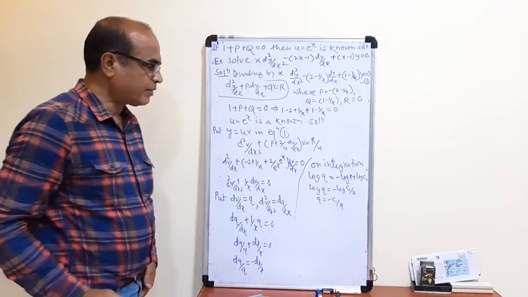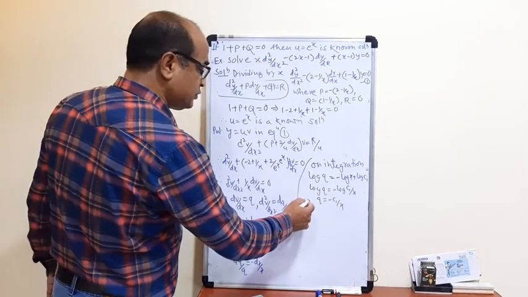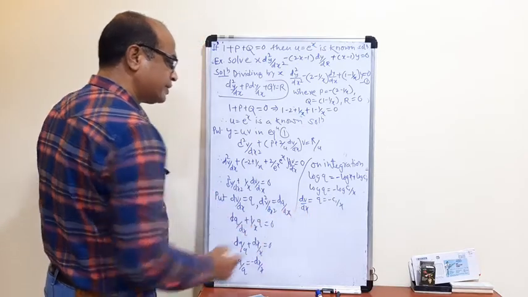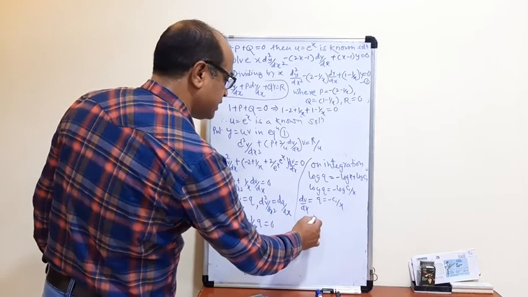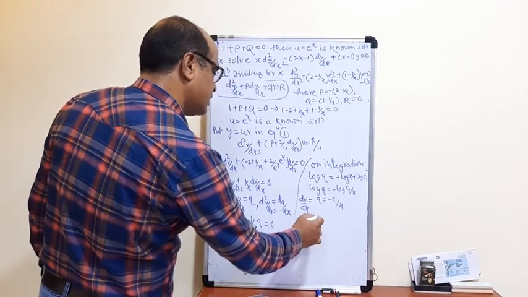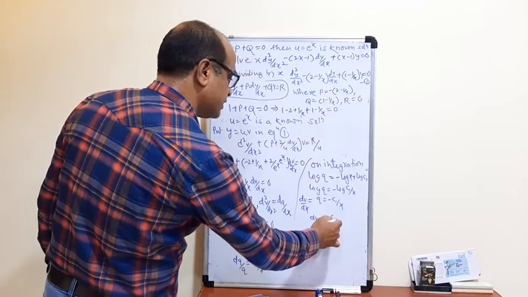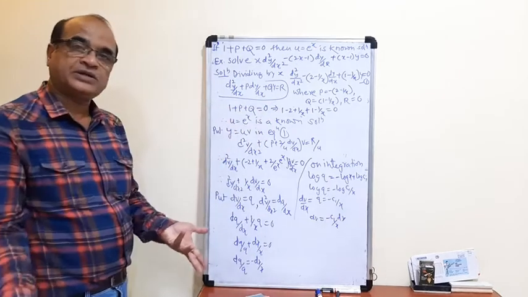Okay, c1 upon x. So what is q? Q is equal to dv by dx. So that is dv is equal to minus c1 upon x into dx. Again we take integration.